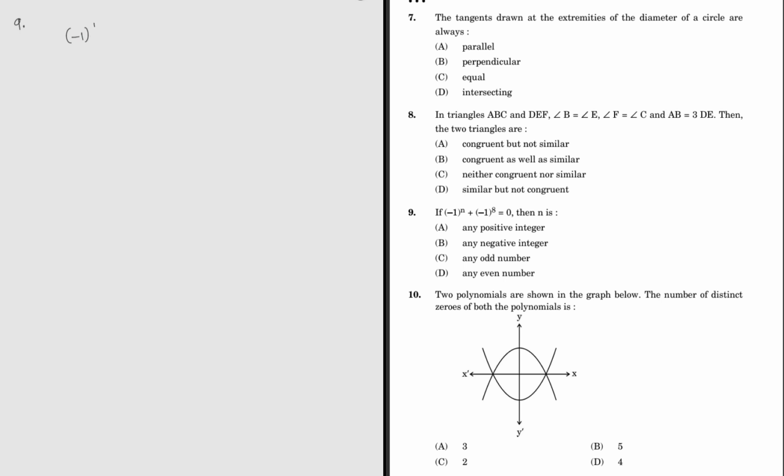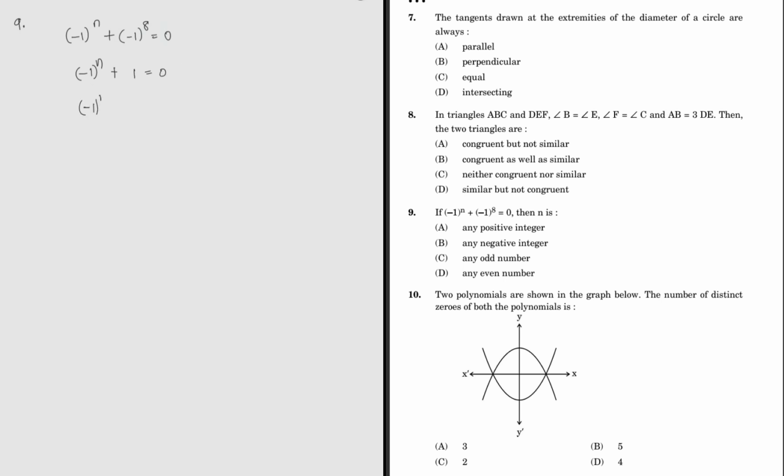Minus 1 whole power of n plus minus 1 power 8 is equal to 0. Then n is. So first we will solve this equation, or we will simplify it. Minus 1 plus minus 1 power of 8. 8 is an even number, so obviously minus 1 power 8 is 1.